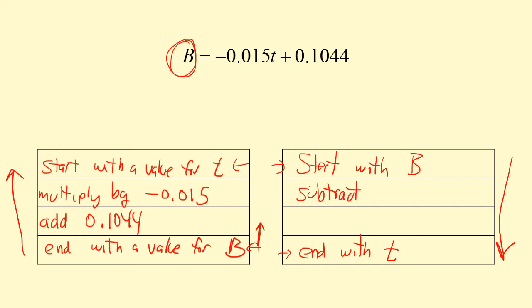Subtract 0.1044. And then we keep going up, and we see the next thing that we did was we multiplied by negative 0.015. So now we're going to divide by negative 0.015.